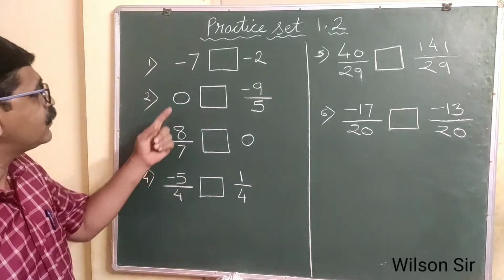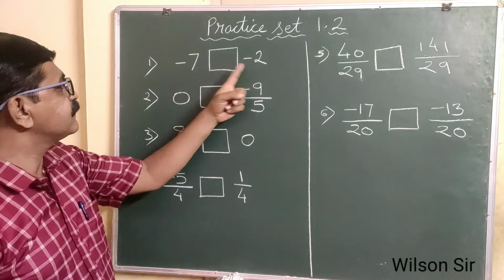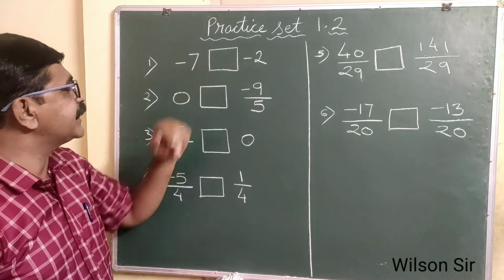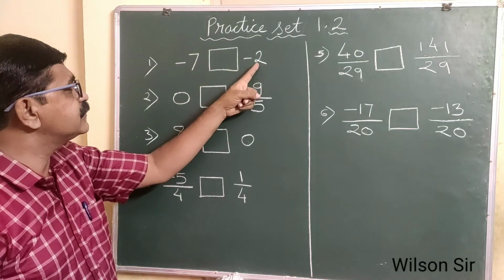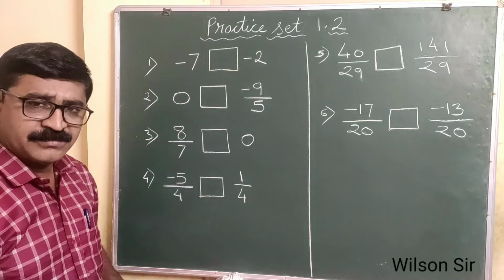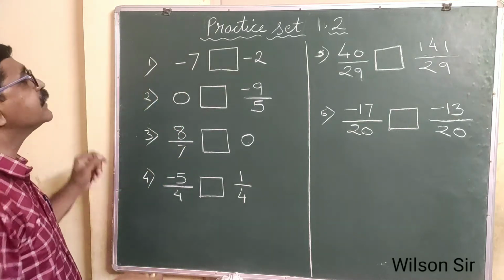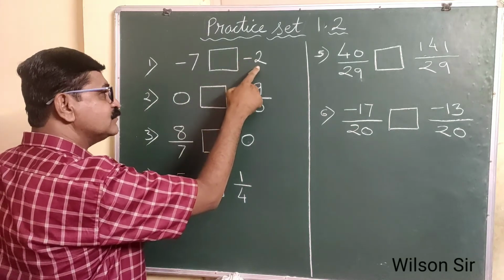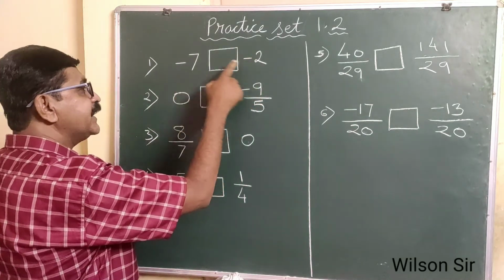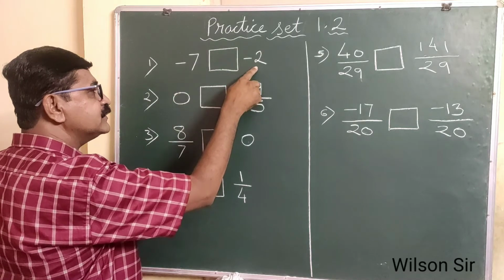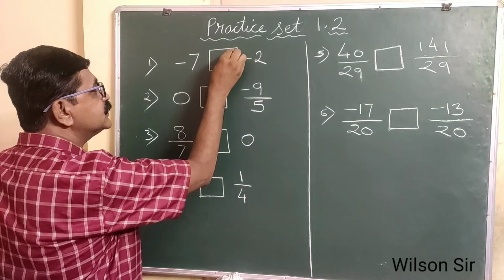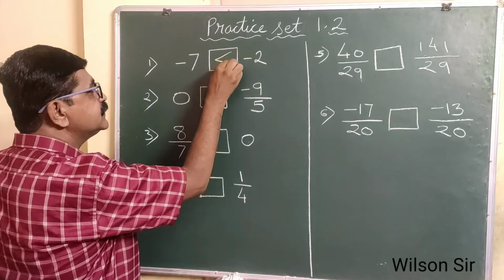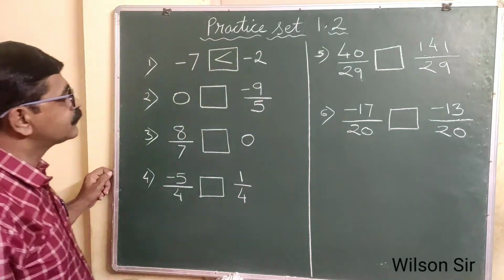Okay, so now here two numbers are there. So whenever the two numbers are negative, always the smaller number is bigger than the bigger number. Okay, so in first example minus 7 and minus 2, as minus 2 is a smaller number, both the negative numbers are there, so smaller number is always greater, so you have to put the greater sign towards the 2.